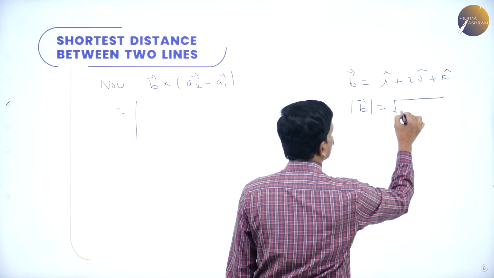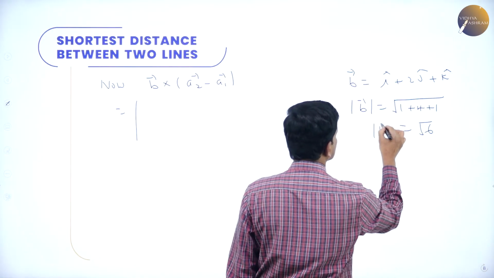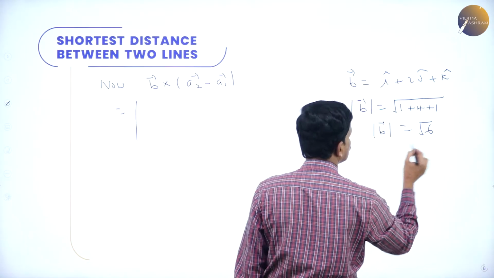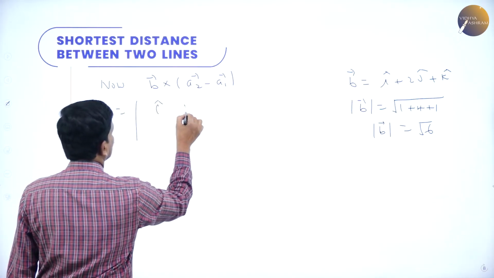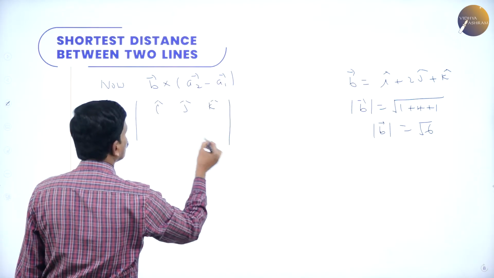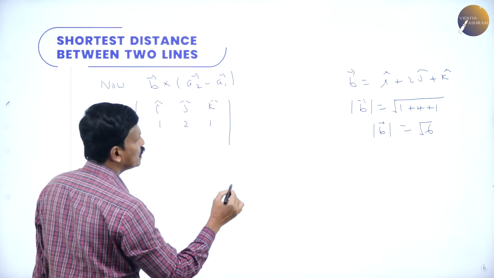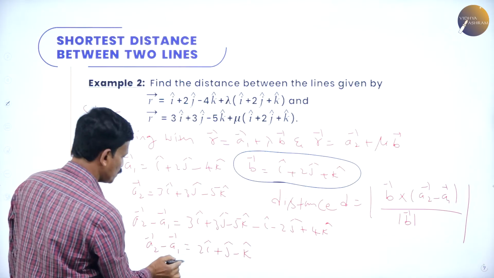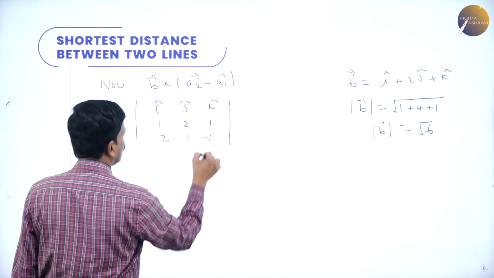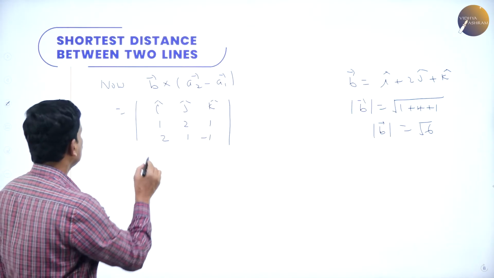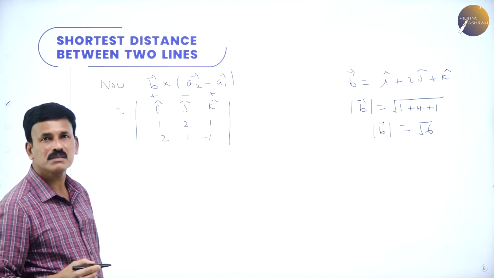Magnitude of this is 1 plus 4 plus 1, which is equal to root 6. Length of vector B is root 6. Now this is the determinant with i, j, k, the coefficients of B are 1, 2 and 1, and the coefficients of A2 minus A1 are 2, 1, minus 1. Simplify this, expand with respect to the first row, plus, minus and plus.